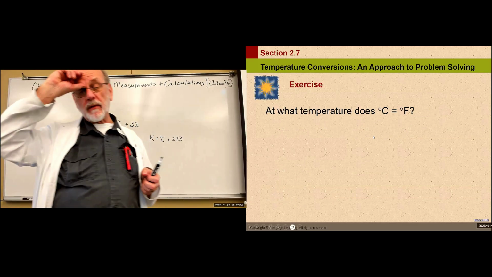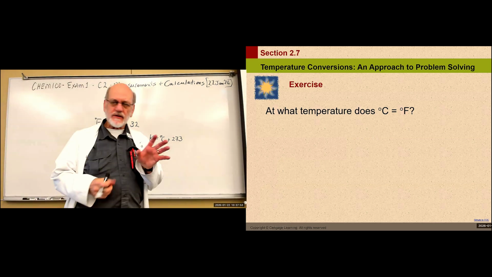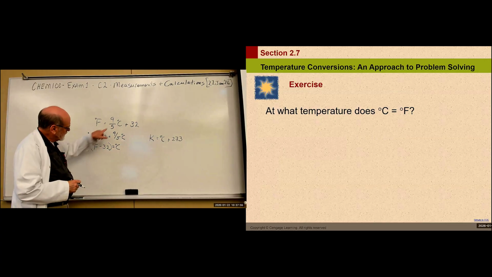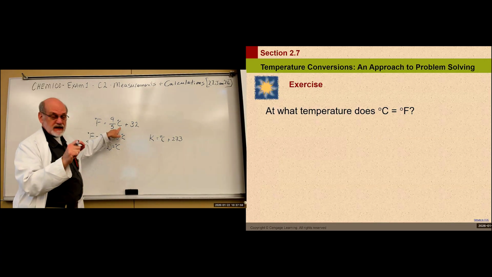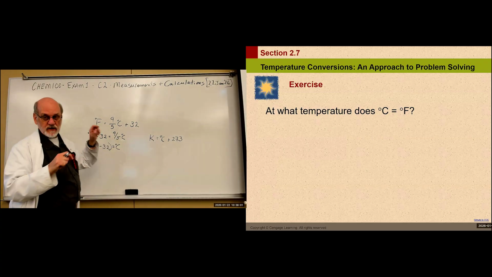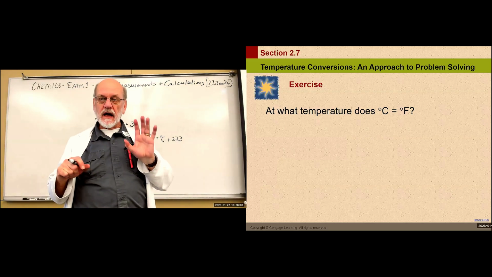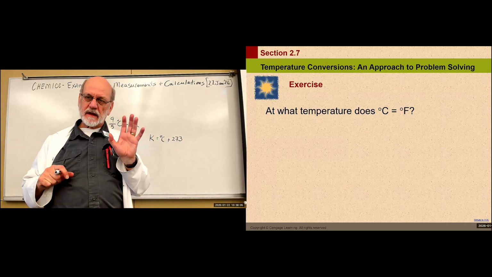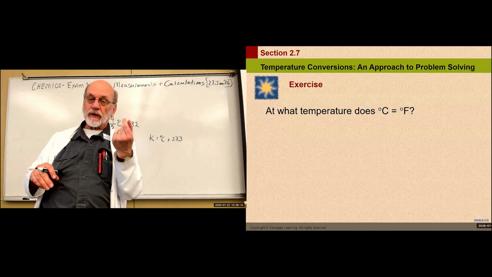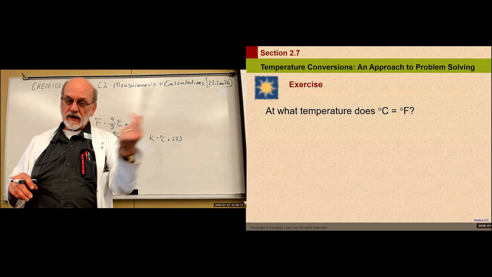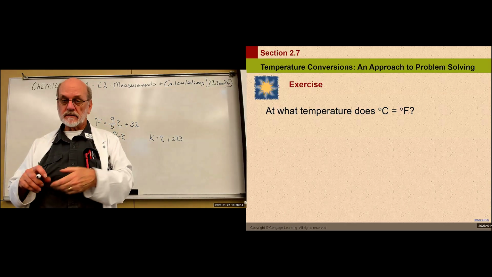Here's another interesting problem. Since the size of this degree is different than the size of this degree, they should intersect at some point, and the number for the temperature in each scale should be equal.